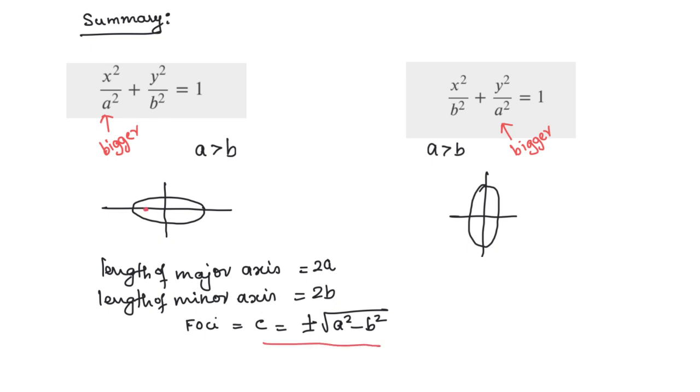And foci, remember, that is always on the major axis. If a is below y square, then the major axis will be on the y-axis, and length of the major axis will be still 2a, and length of the minor axis will be still 2b, and the foci we can find using this formula. But remember, here the foci will be on the major axis, so it will be on the y-axis.